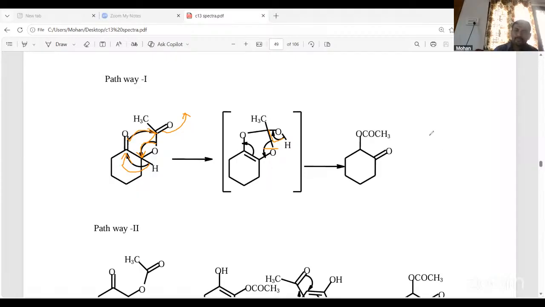And you see here, what you are observing, this pi bond exists as a minus here, and this proton is leaving, this proton attacks this negative charge, and it gets neutralized.